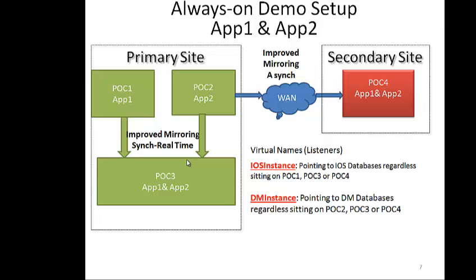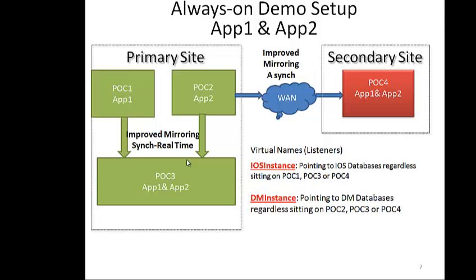So POC1 is holding a default instance which app1 will be using. That is the primary instance, and POC2 server is holding the app2 SQL Server instance.